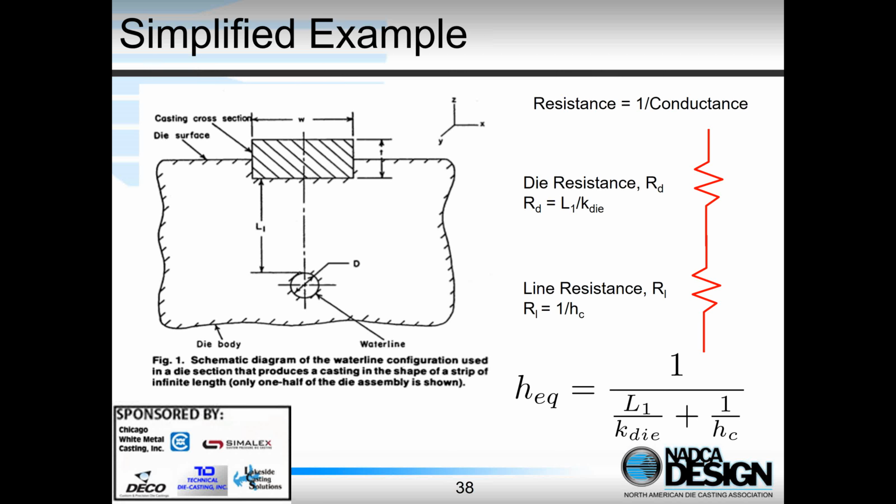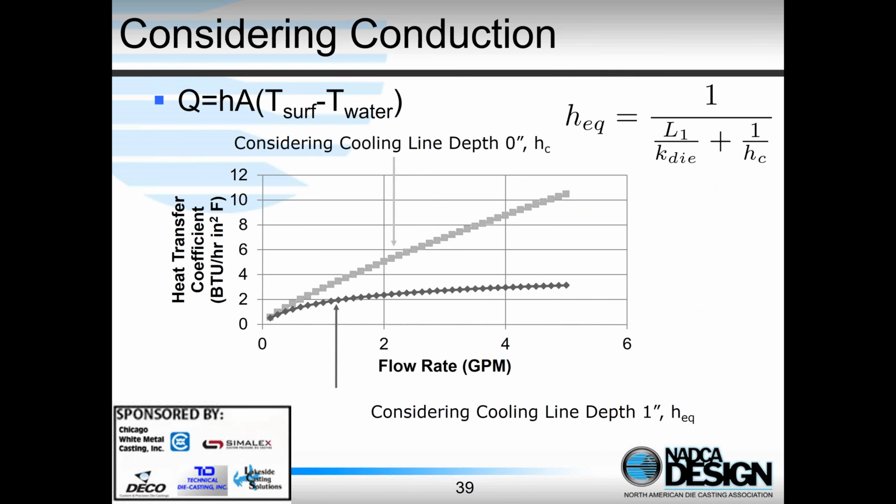And we can actually do a simple conductance analysis or resistance analysis. These are commonly done in heat transfer applications, and again, we can do it in die casting applications. And again, we can work out how to get the heat out of the die. And so here we're showing an example again of the poor conductance of the die steel.